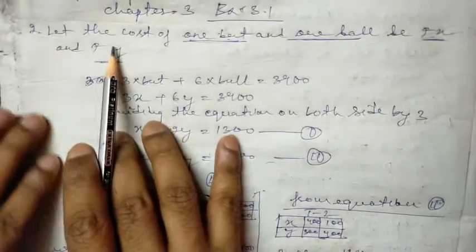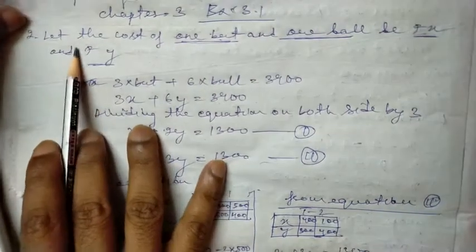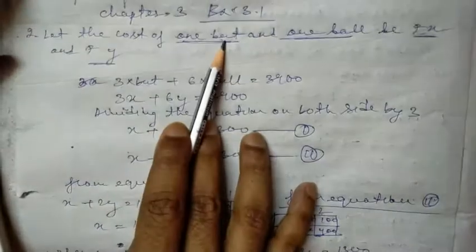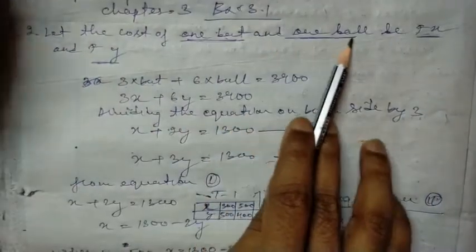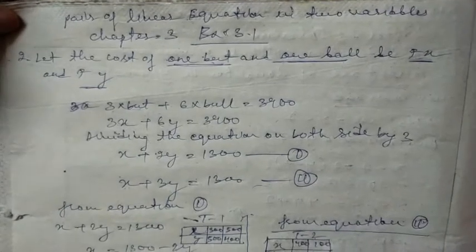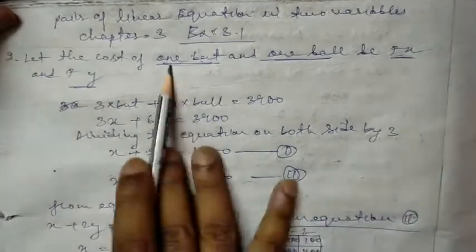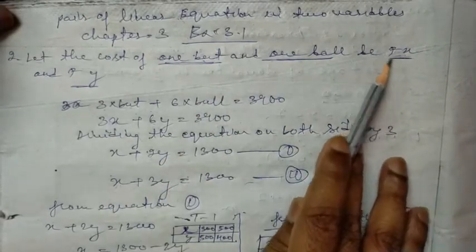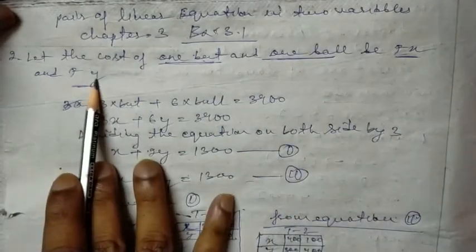So I have taken, let the cost of one bat be rupees x, and one ball be rupees y.